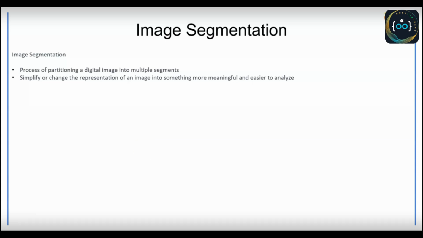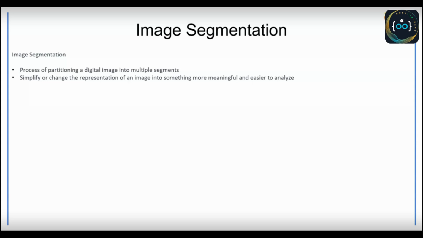Image segmentation is the process of partitioning a digital image into multiple segments, often with the goal of simplifying or changing the representation of an image into something more meaningful and easier to analyze.